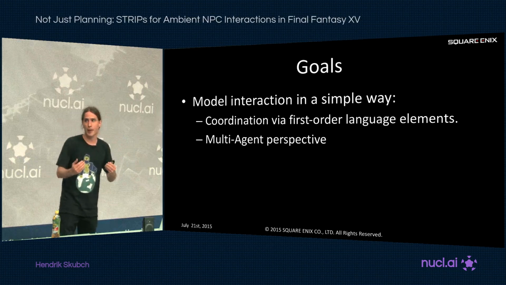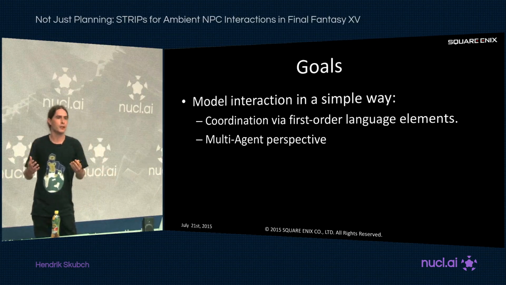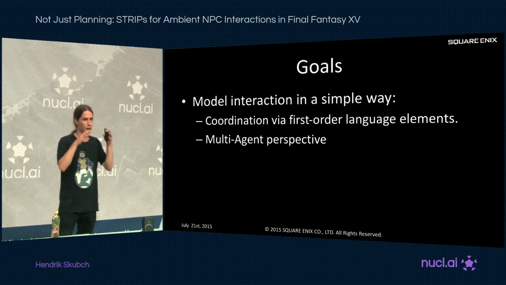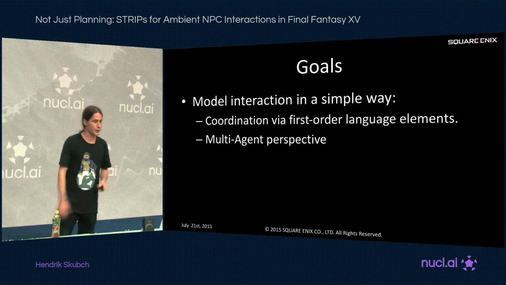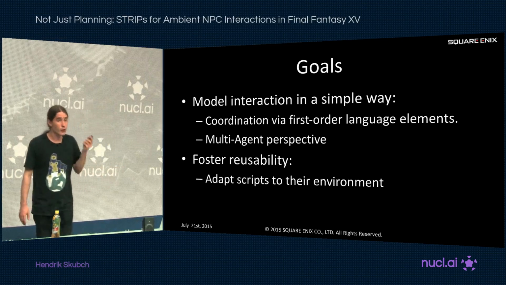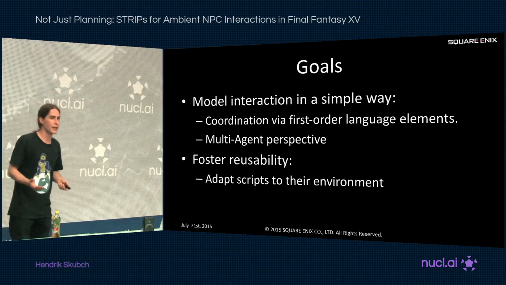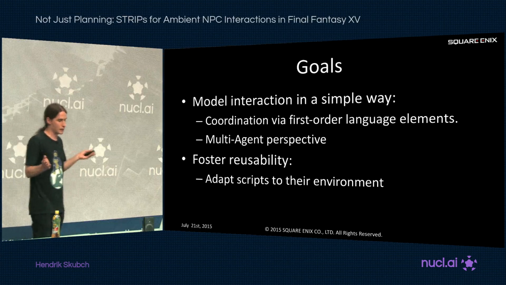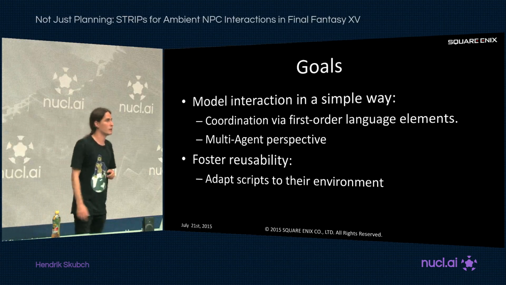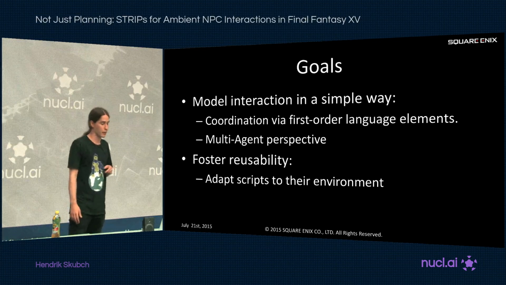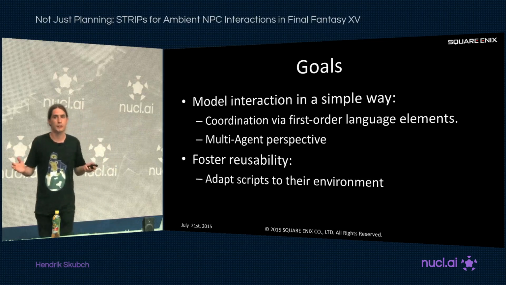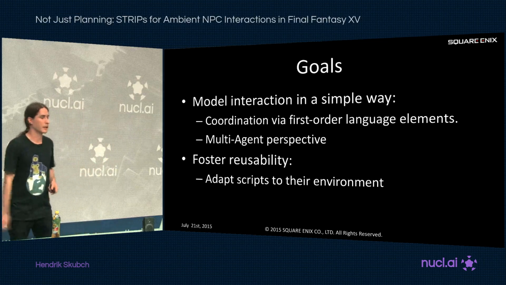And they should be able to look at the multi-agent perspective, not so much be concerned with what an individual is doing. And of course, we want something that enables us to reuse data so that we're not wasting a lot of time with the workflow and can adapt scripts to different kinds of environments.